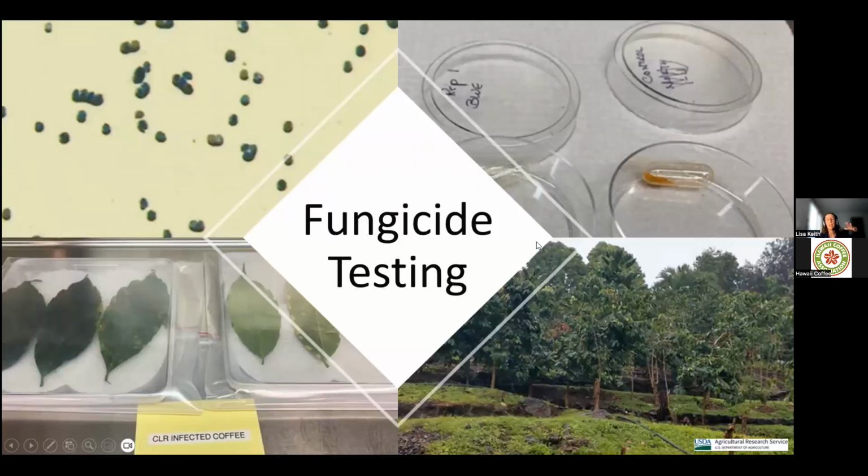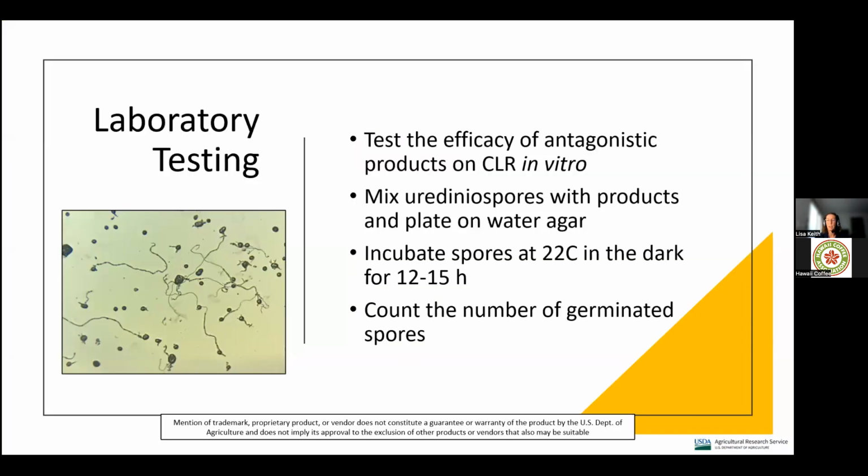Okay, so to get into fungicide testing, what we do and how we do it, again, from the lab. This is a picture of actual Himalaya spores, infected leaves, collecting spores for tests, and getting out into the field to see, does it equate to what we see in the laboratory?